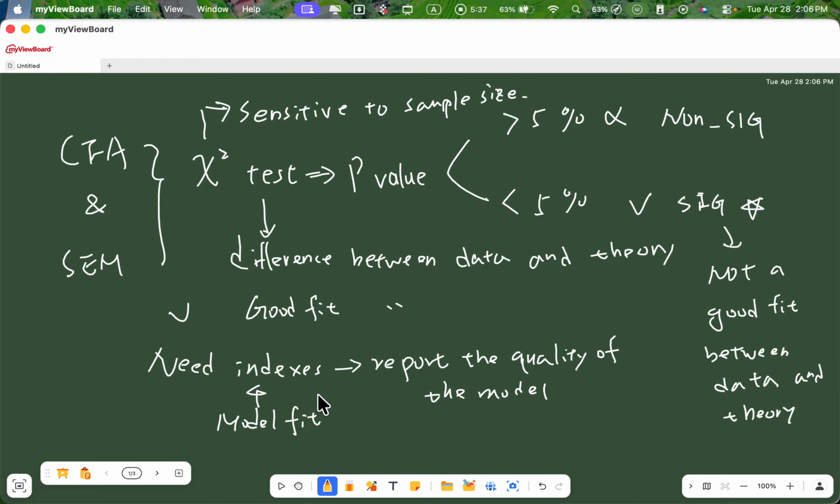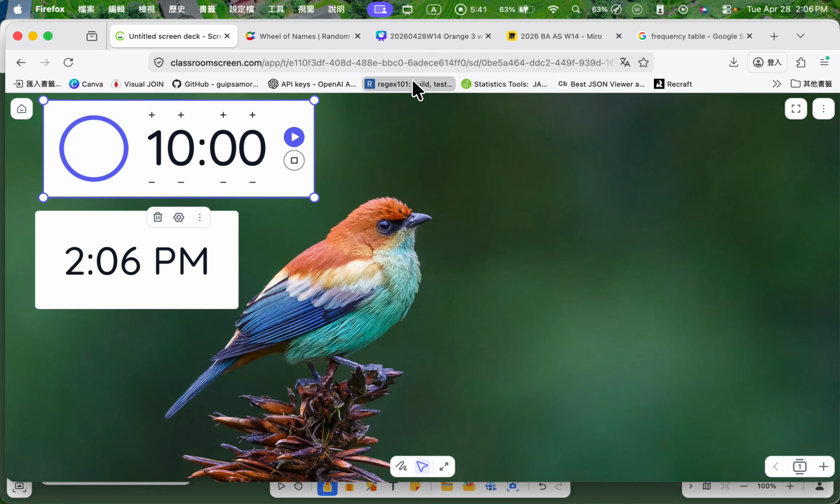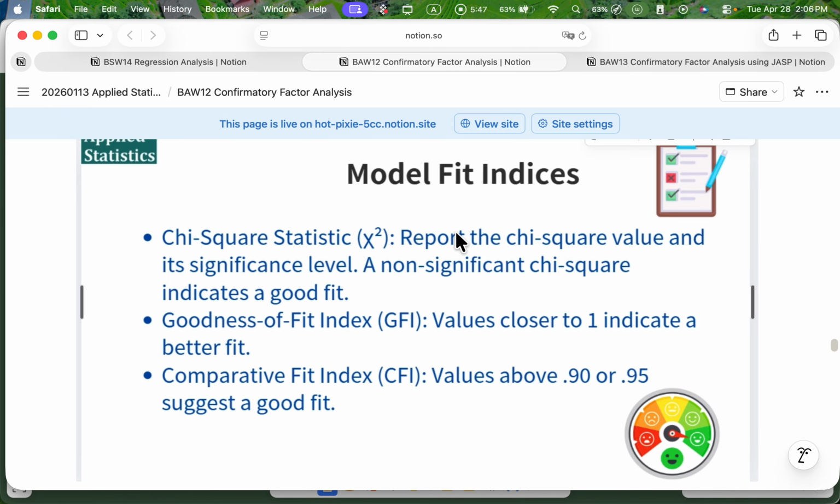So let's move to the material. Okay, got it? You can see the first one, the chi-square statistic. Report the chi-square value and its significance level. A non-significant chi-square indicates a good fit.